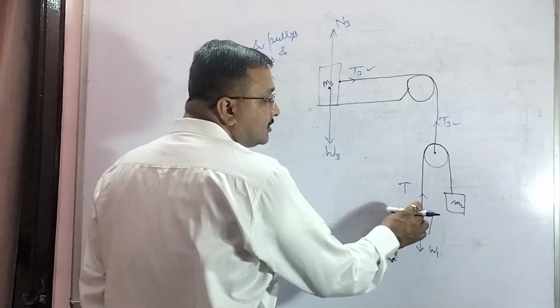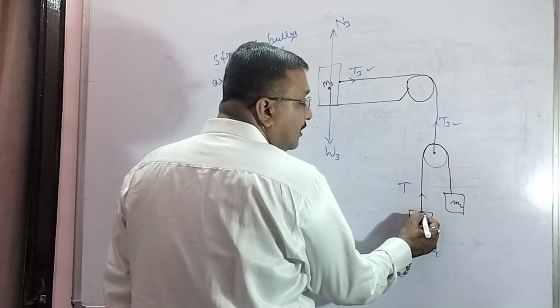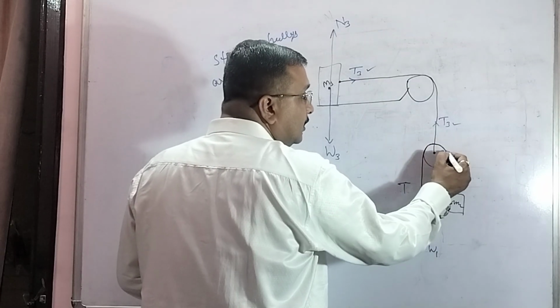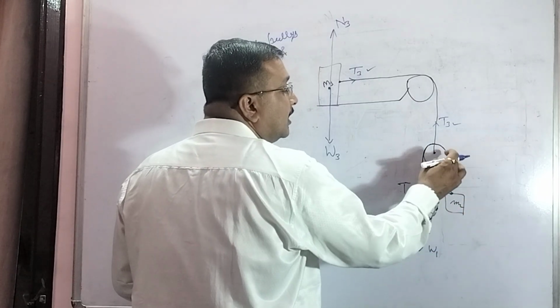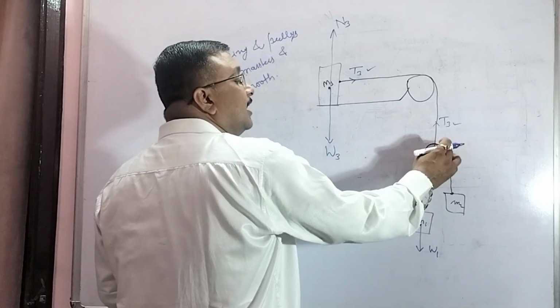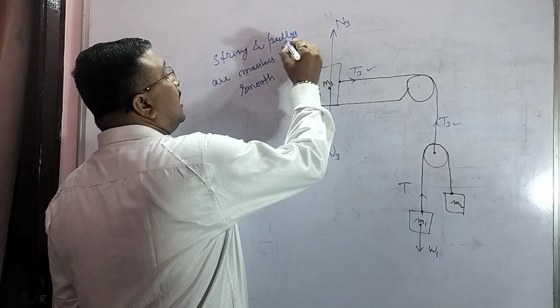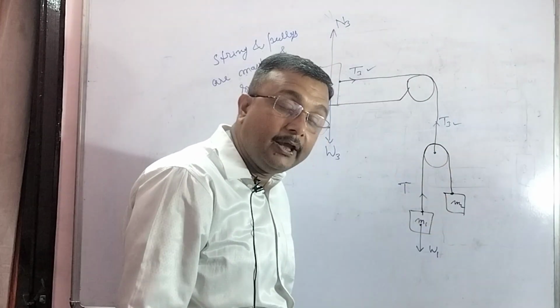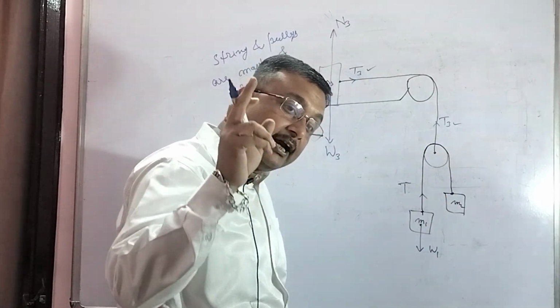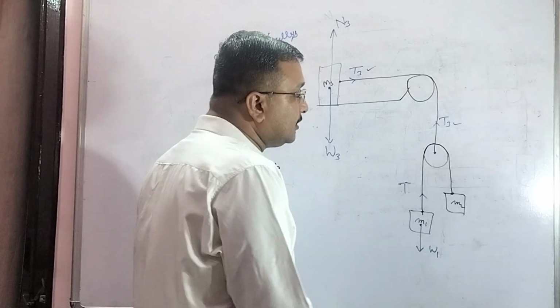This is connected through this string, but starting from here, going over the pulley to this block M2, the string is same. So at each and every point, string is same, massless and smooth. So at each and every point, tension will remain same.